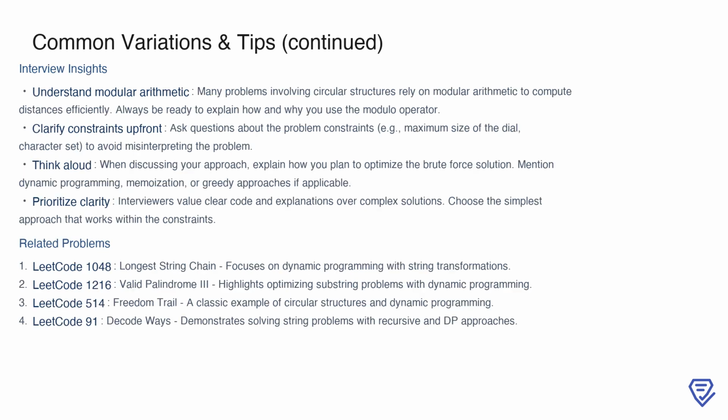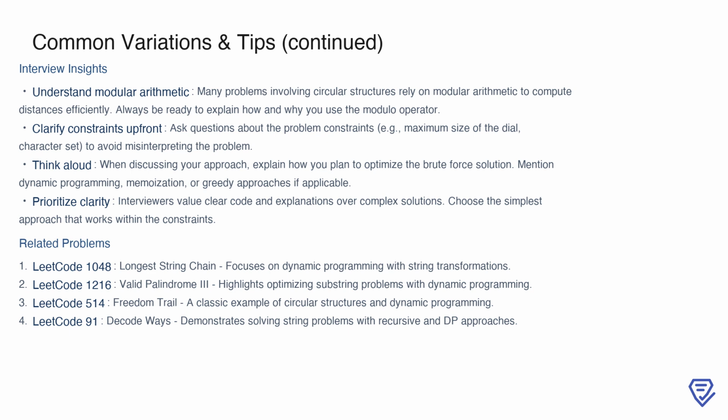Now, let's consider some key insights that can help you stand out during interviews. Modular arithmetic is a critical concept when dealing with circular structures like the dial in Freedom Trail. It allows you to compute distances efficiently, so be prepared to explain how and why you're using the modulo operator in your solution. Another important tip is to clarify constraints up front. Asking questions about the dial's maximum size or the character set can prevent misinterpretations that might derail your approach.